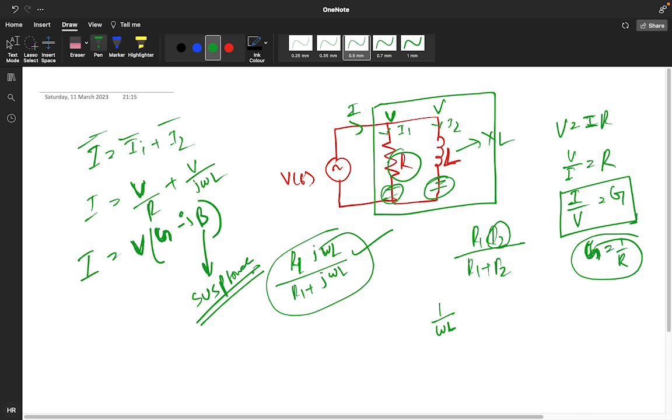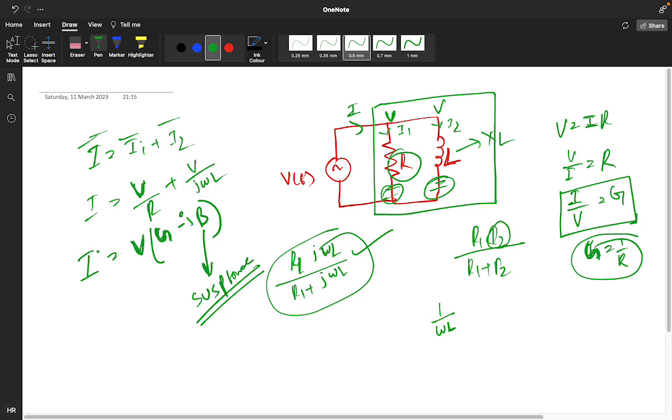So B is nothing but 1 by omega L. We call it susceptance. Is this clear to everyone?